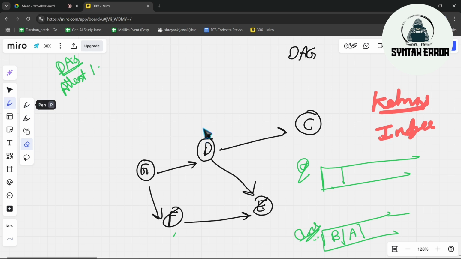What is the in-degree of D now? 1. What is the in-degree of C? 1. What is the in-degree of E? 2. What is the in-degree of G? 0. This is 1. Again, if our queue is empty, we have to insert a vertex which has in-degree 0.